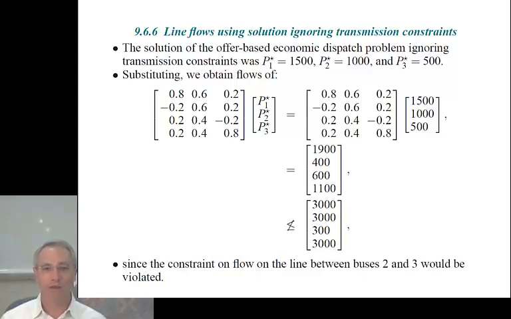If we plug those values in, we obtain flows of 1900, 400, 600, 1100, which are not less than or equal to the line limits. So that's not a feasible solution because it would produce a flow on the line from buses 2 to 3 of 600 megawatts when the limit was only 300 megawatts.